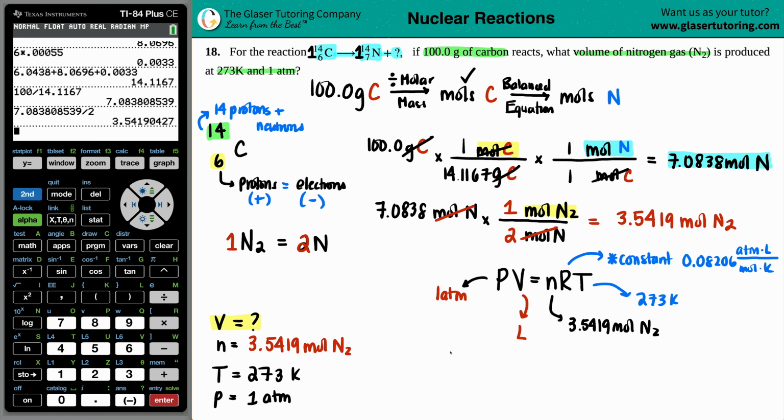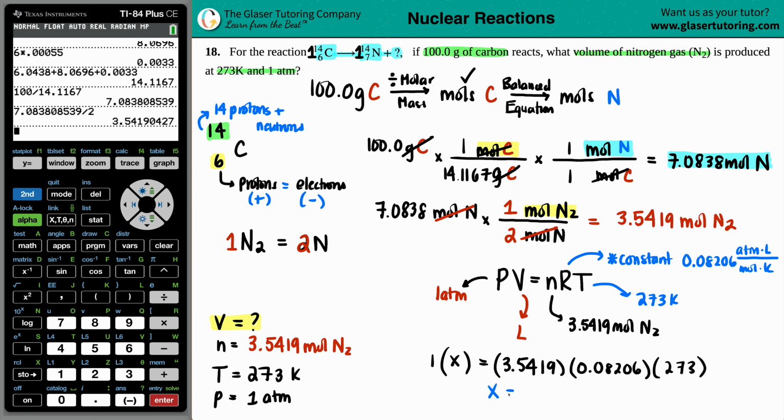So now let's just get down to it. 1 times my volume equals 3.5419 times 0.08206 times 273. 1 is just times by itself, right? So whatever I'm going to be doing now, that's going to be the answer.